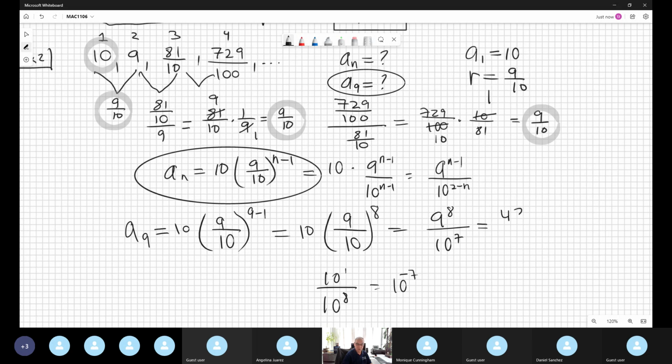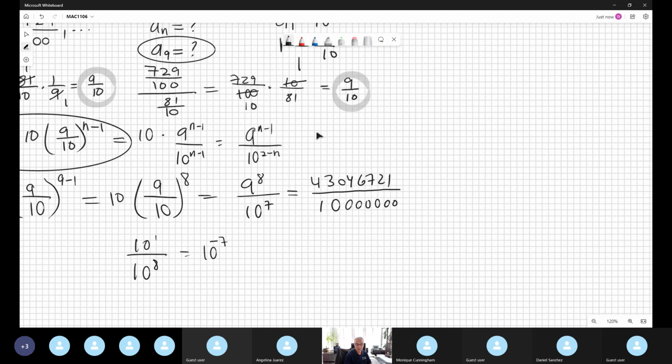It's 43046721 over 10 million, which is 9 to the 8 power divided by 10 to the 7, that is 1 followed by 7 zeros. If you don't like this answer, you can express it in decimal: 4.3046721.